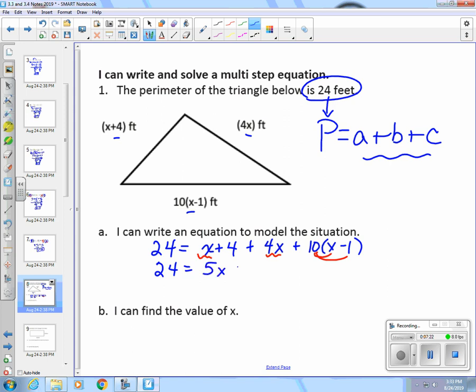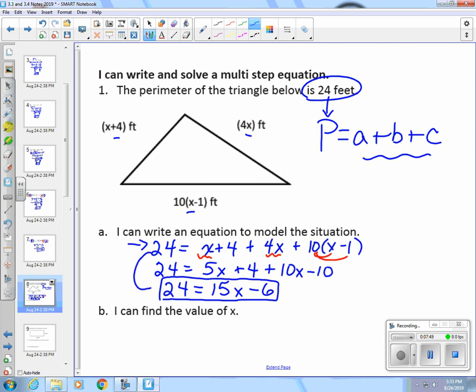That's 5x plus 4, and then I need to take care of that distributive property and do 10x minus 10. Now I can add together just a few more like terms. 5x and 10x is 15x, and 4 and negative 10 is a negative 6. Now I've written an equation that models that situation as simplified. This is where we started out, and this is where it's simplified to.